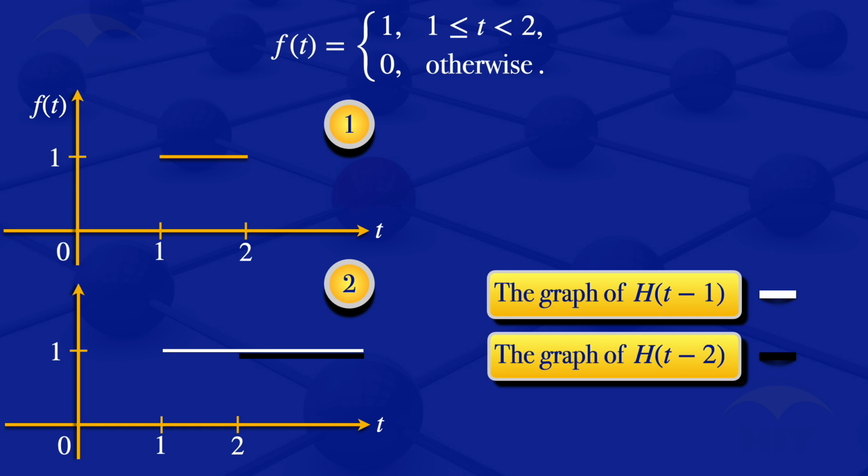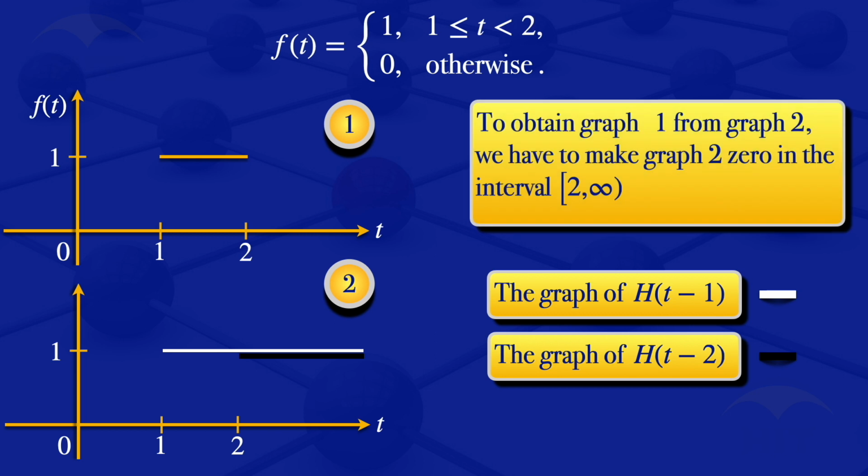What we have to do is make graph number 2 be 0 in the interval 2 to infinity. If we have 0 from 2 to infinity, that graph will be the same as the one in graph number 1.